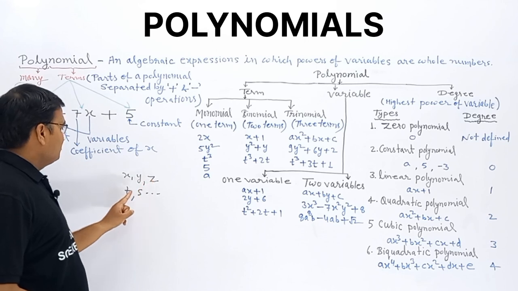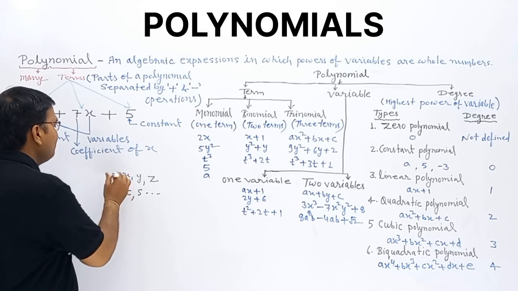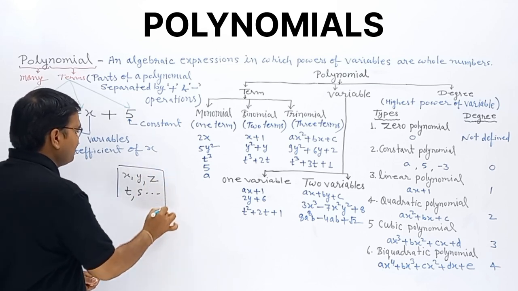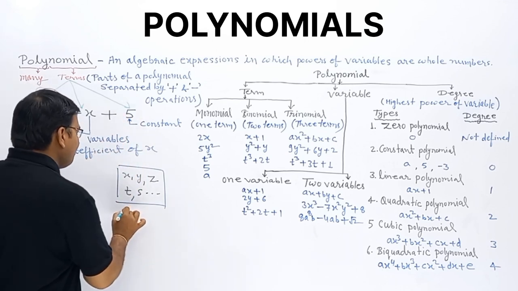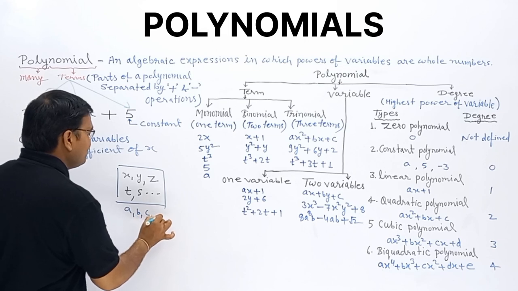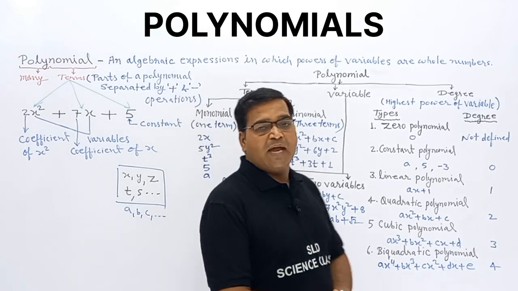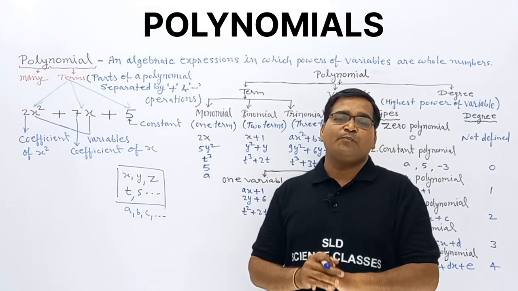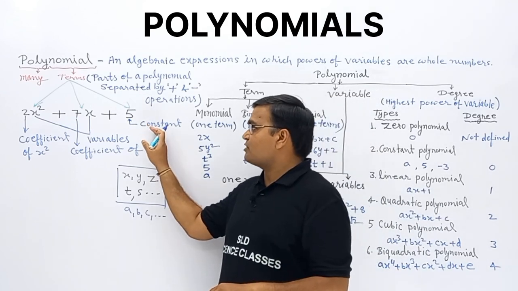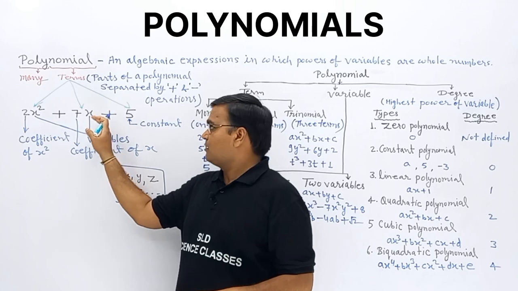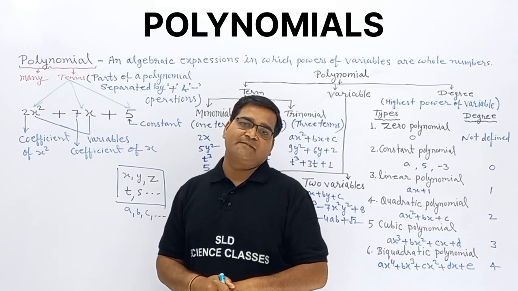These are constants? No, x, y, z are not constants. These are x, y, z, t, s. These all are variables. And constants are represented by a, b, c, and so on. So what are we studying? We are discussing polynomials, and polynomials have many terms, and in the terms we have constants, variables with coefficients like this.